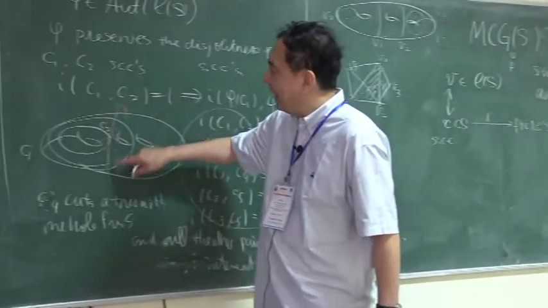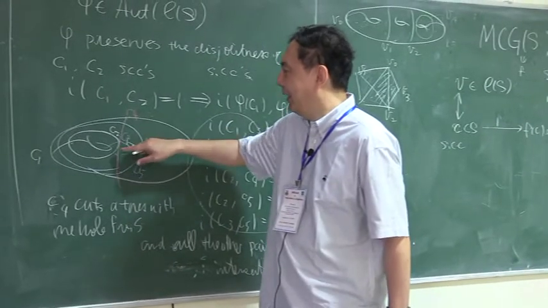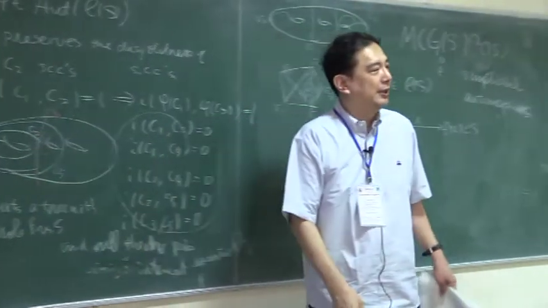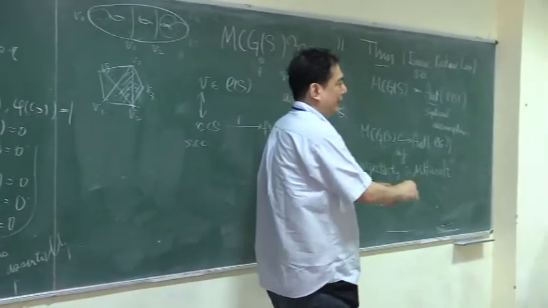Because in a one-holed torus, all pairs of curves intersect.